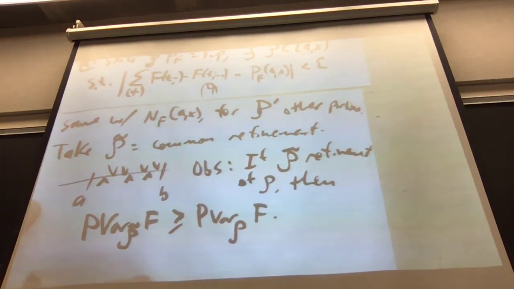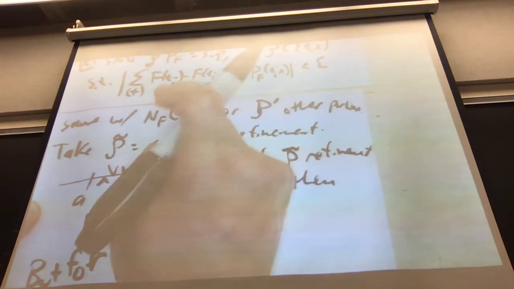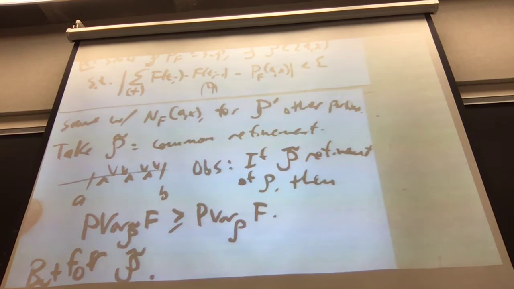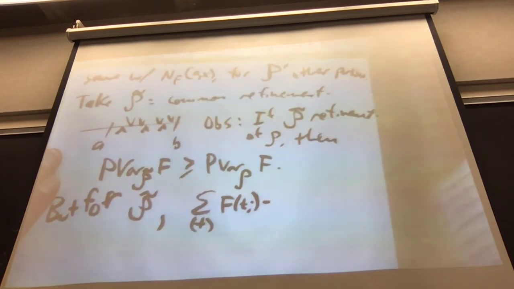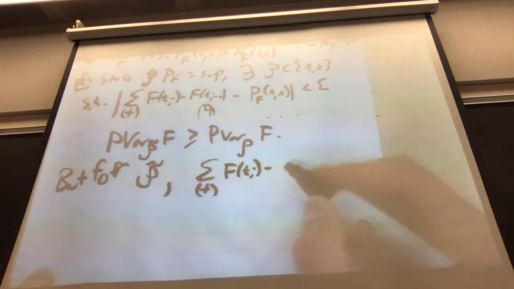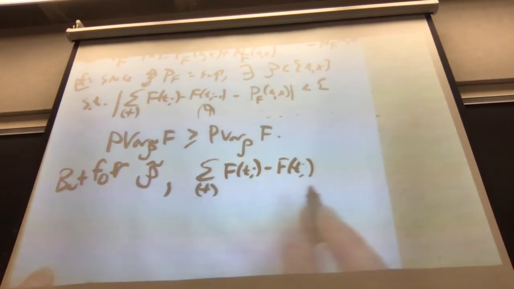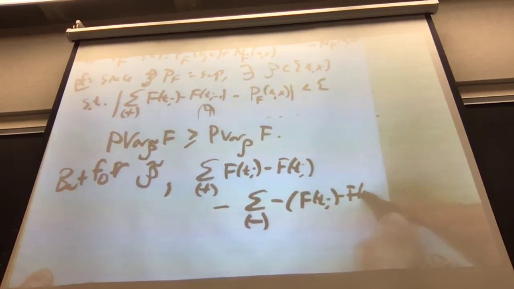For P tilde, this common refinement of both the thing that gets within epsilon of the positive part and the thing that gets within epsilon of the negative part, look at the sum over the plus part of f of tj minus f of tj minus 1, that's going to be very close to the plus part, and you subtract off the sum over the minus part of minus f of tj minus f of tj minus 1.